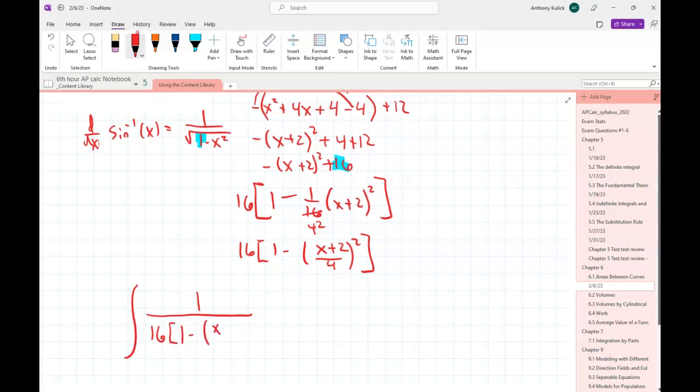So I'm going to put this all back into the problem. Oops, and this was all under square root. So I'm going to pull the square root of 1 over the square root of 16 out front. Or just write it as 1/4.